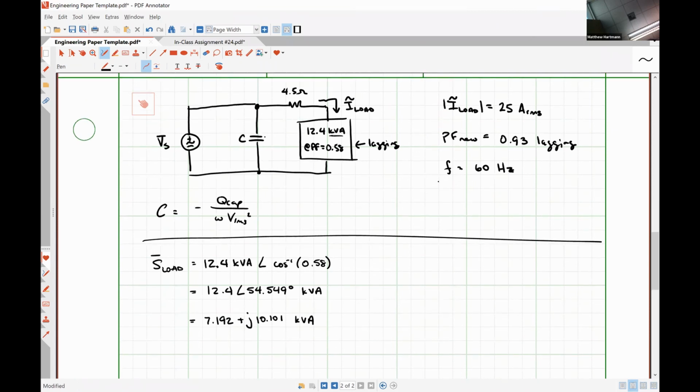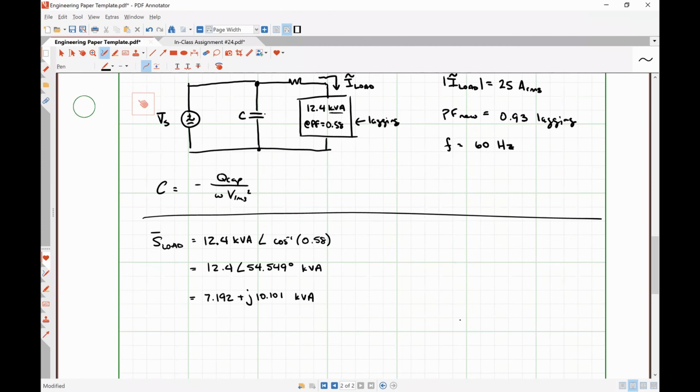Do we have enough information to determine the complex power absorbed by our 4.5 ohm resistor? Yes. Could we just do I squared times the resistor?